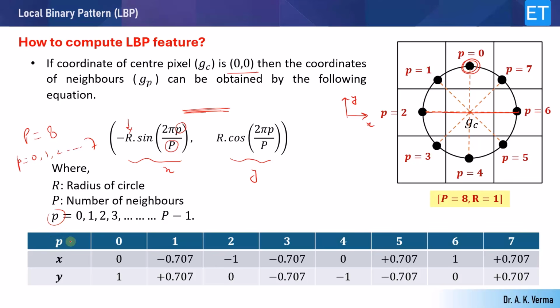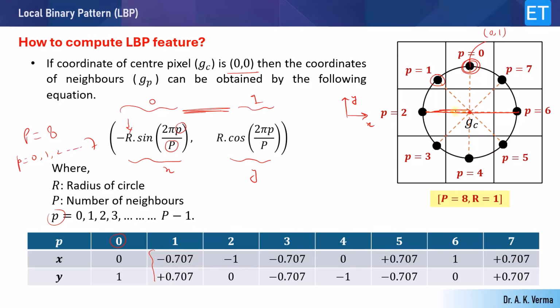So when I substitute small p equal to 0, I get x, I mean this value equal to 0 and this value equal to 1. So x0 and y1 means this one. So this point is representing x0, y1. And when I substitute small p equal to 1, I mean this my second neighbor, so I get this minus 0.707 plus 0.707.